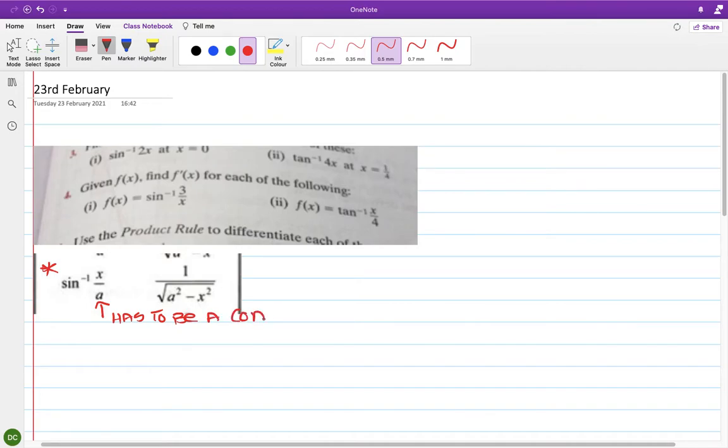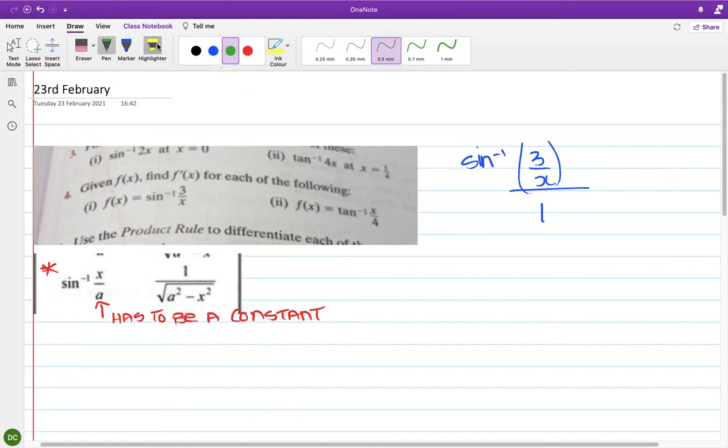Okay, so in a question like the one you've asked me to do there, where there is a fraction, but the bottom line is not a constant, then what you have to do is change it. So you go like sine inverse, and you go 3 over x over 1.